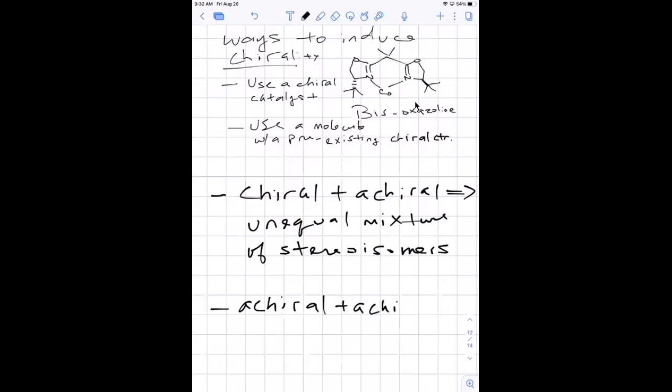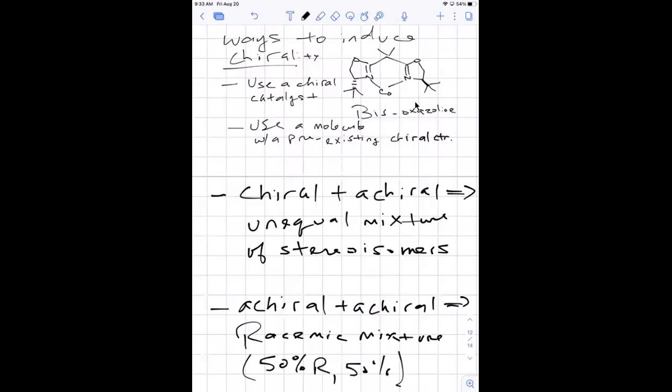What's the term used to describe the mixture? Racemic mixture. Good, you're 100% correct. You get a racemic mixture. That means you get 50% R and 50% S, in equal amounts.